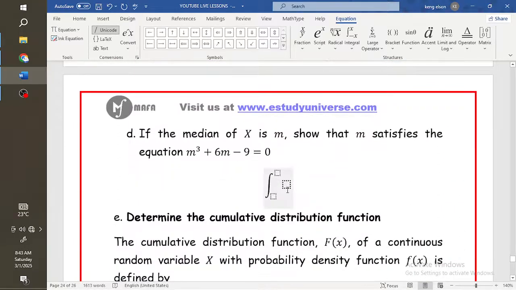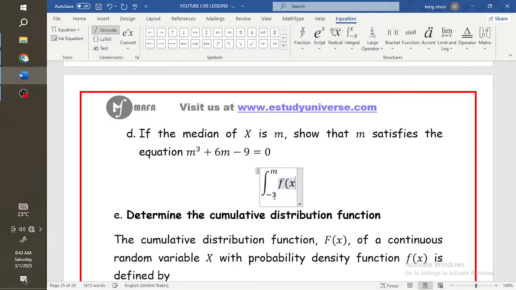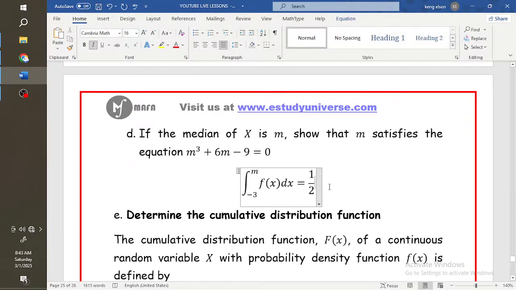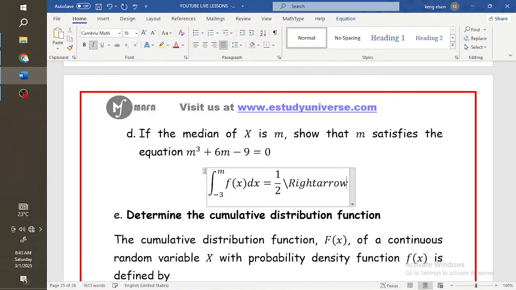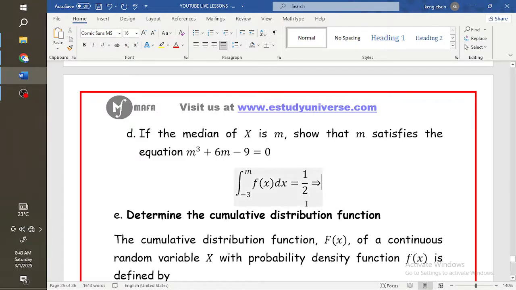So the integral from negative 3 to m of f of x dx is equal to half. Okay, that's the definition. If it's the upper quartile, then we will replace this m with u and we equate it to 75%, which is 3 over 4. If it's the lower quartile, we replace this one with L and equate it to 25%, which is 1 on 4.